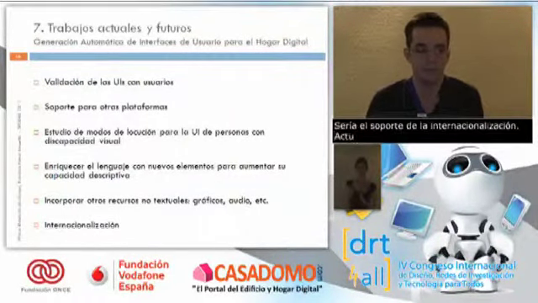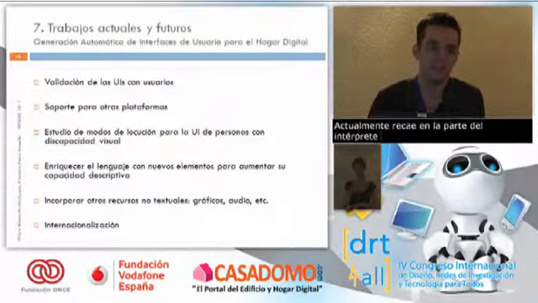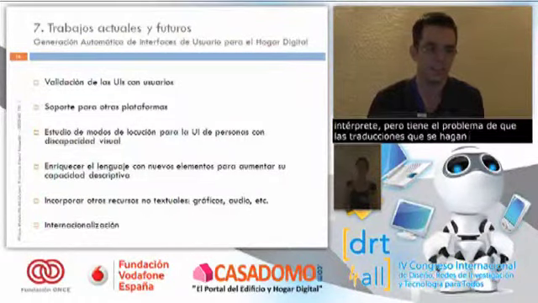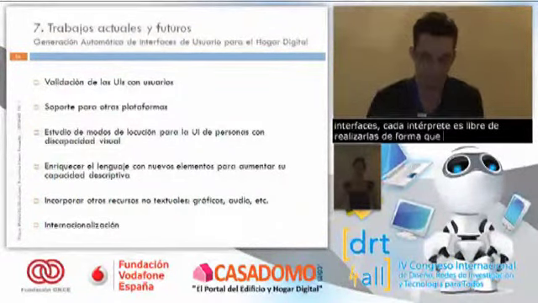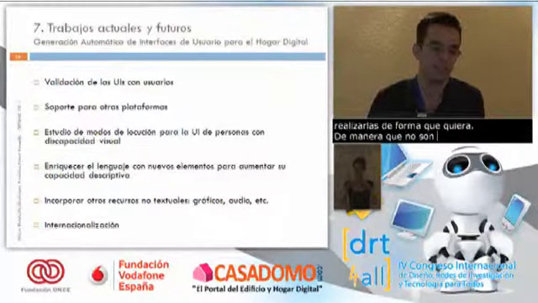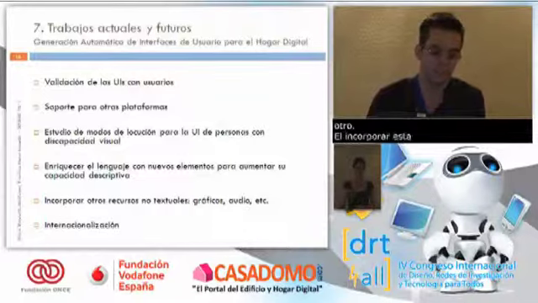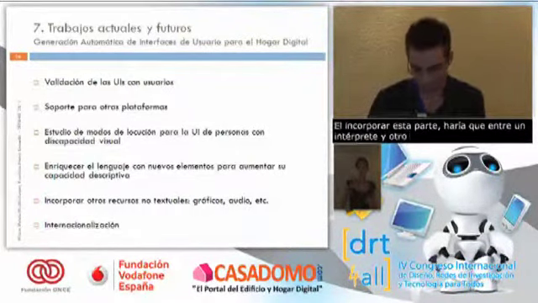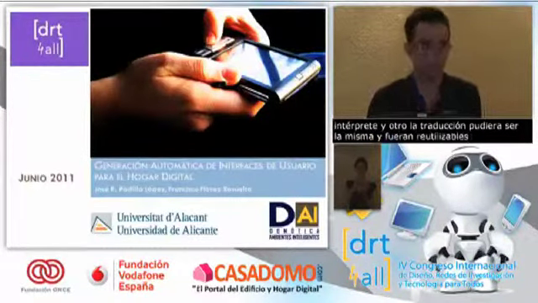This now depends on the interpreter, but the problem is that for the translations of the interfaces, each interpreter could interpret them as it saw fit, so it could vary according to the interpreter. If we incorporate this part into the language, then between one interpreter and the other, it could be the same interpretation, and they would all be interusable. And that's all.